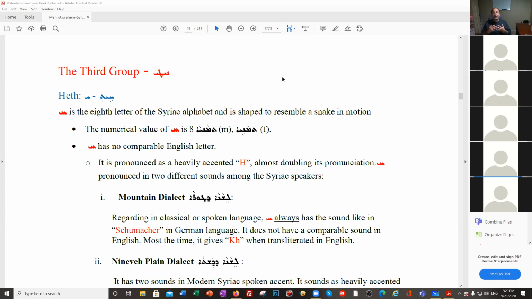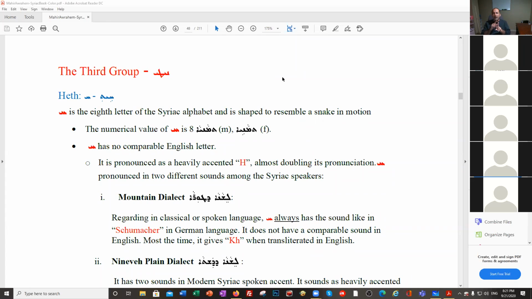Hath is pronounced as a heavy accent H. Very close to that one. Okay. Here is the key: we have two dialects, Eastern and Western.